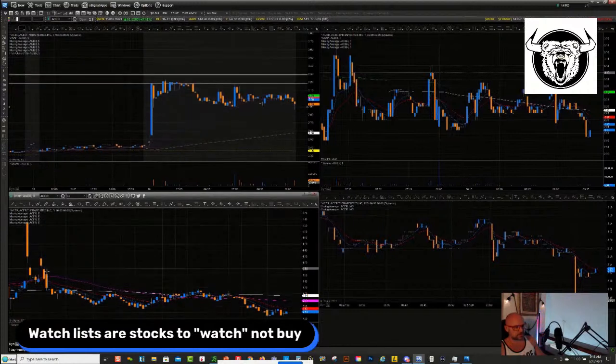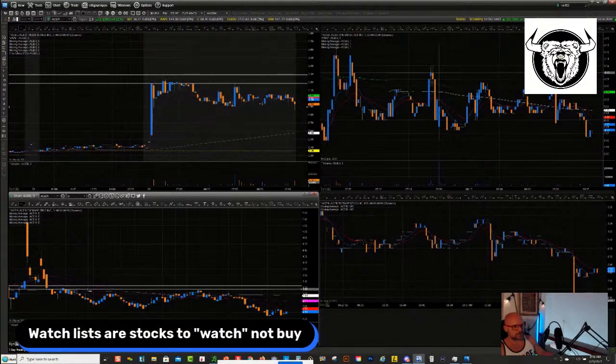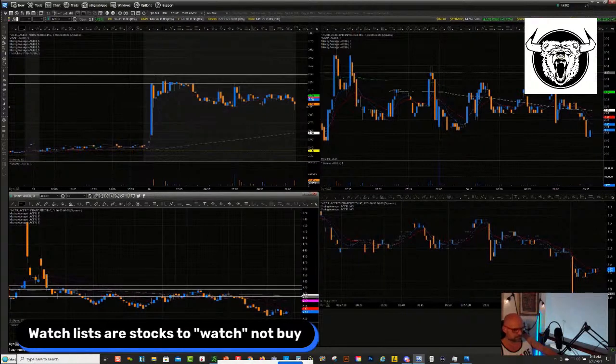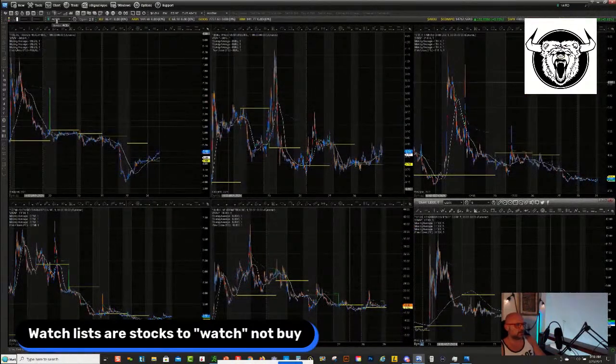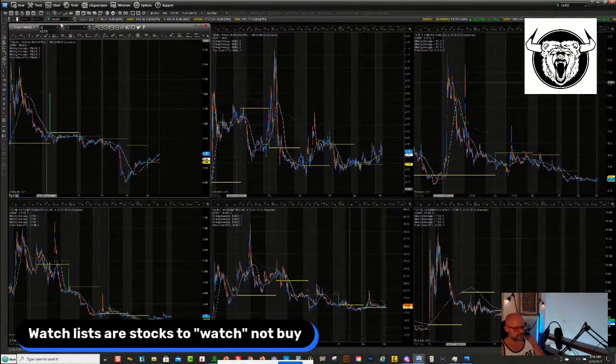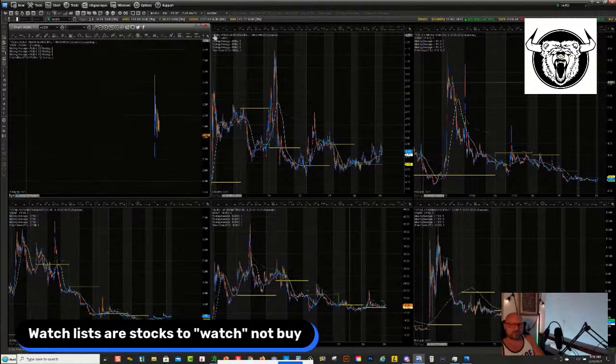If we go to a daily chart, we'll see if price can stay above this 329, and down here this 315 level. Now it's coming right back down to that white line, which is the 200 SMA on a daily. So we'll see if that can hold. So going to watch ACER.